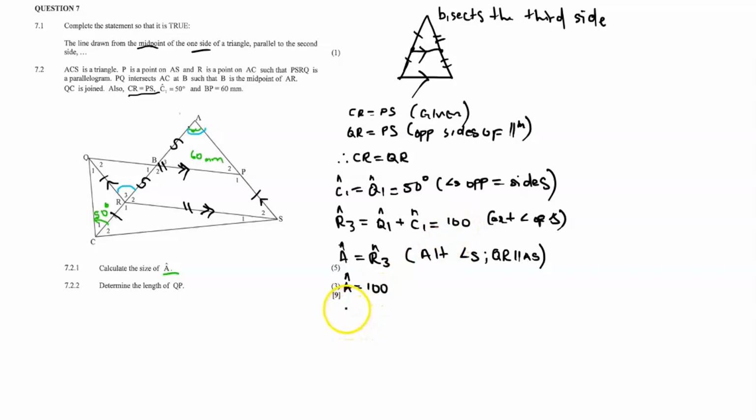Now we go to 7.2.2. Determine the length of QP. Now you can see QP is this line. Since we were given BP, that it's 60 millimeters, and also this one is parallel to this one, that actually tells us that we've got ourselves a midpoint theorem.